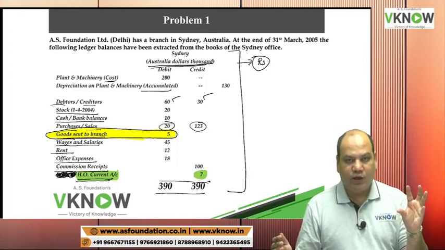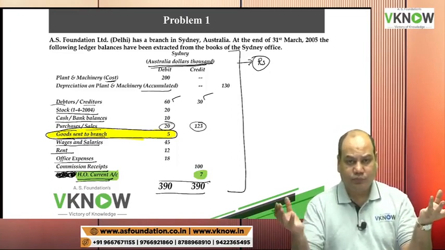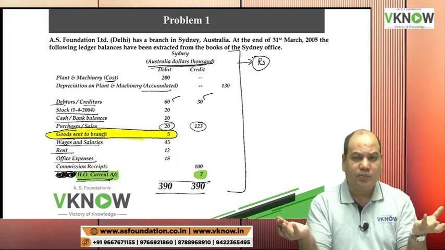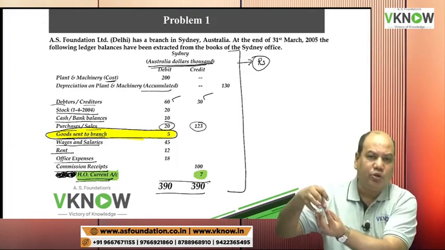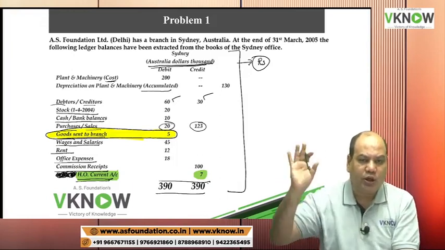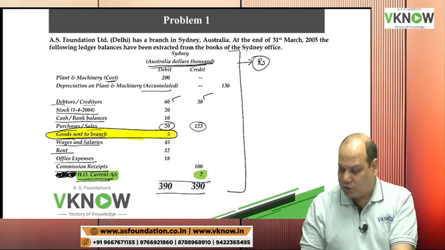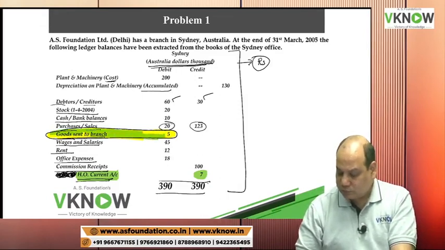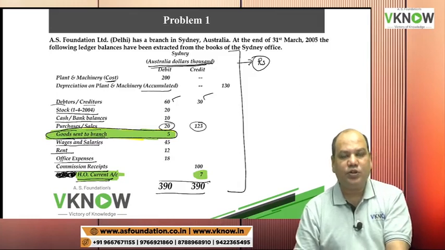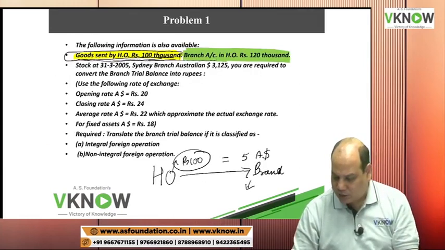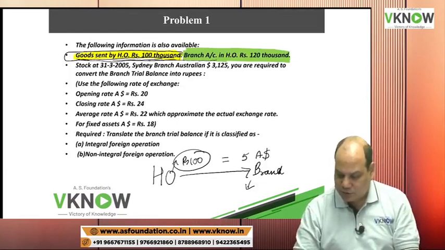When the same figure is appearing in the branch account and the HO books, that is a contra effect, so I will simply take the figure appearing in the HO books and substitute it in the trial balance of the branch. For these two items highlighted on the screen, goods sent to branch and HO account balance, I will simply substitute the figure of the head office. For the remaining items, you need to apply conversion.